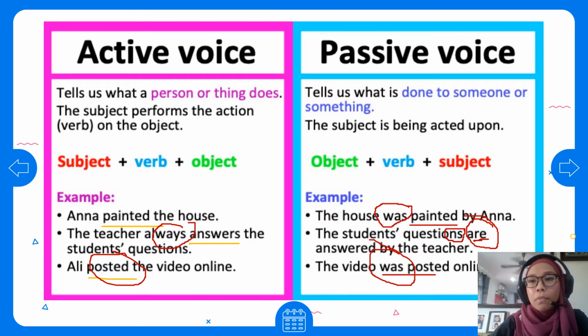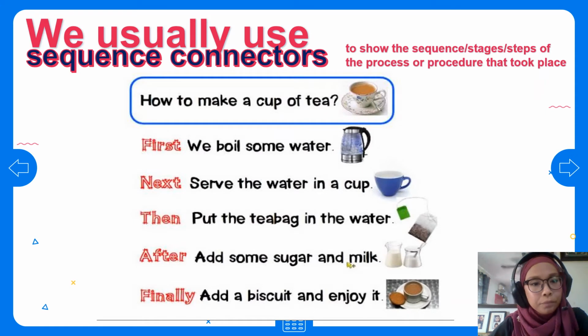Okay, next one. When we explain about a process, we usually use sequence connectors to go from one sentence or one instruction to another instruction. It is very important for you to have these sequence connectors, because that is what makes the whole process systematic, following what is supposed to follow.